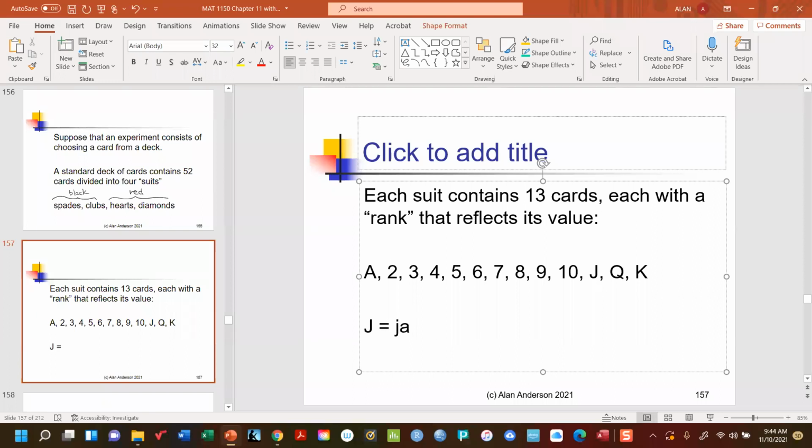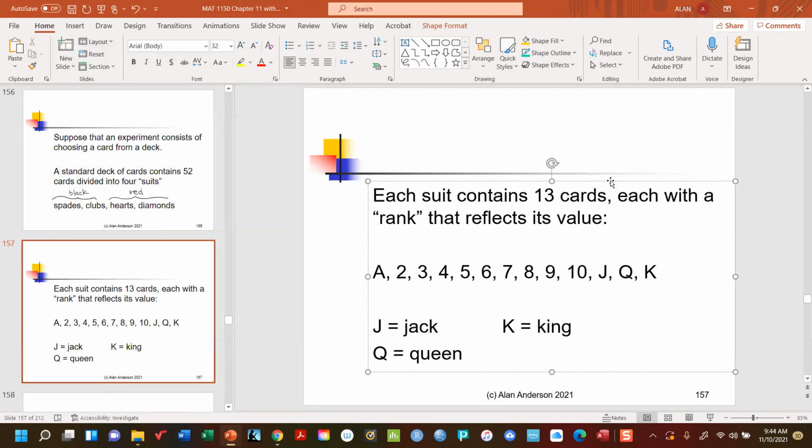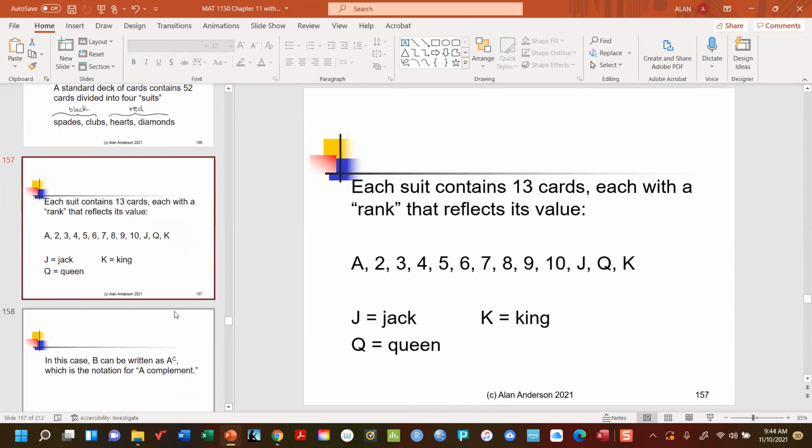J is the jack, Q is the queen, and K is the king. And by the way, in most games, the ace is the highest, but I'm just listing them all out for you. So with 13 cards in each suit and 4 suits, altogether there are 52 cards, half of which are red and half of which are black. Okay, that's all we need to know for now.